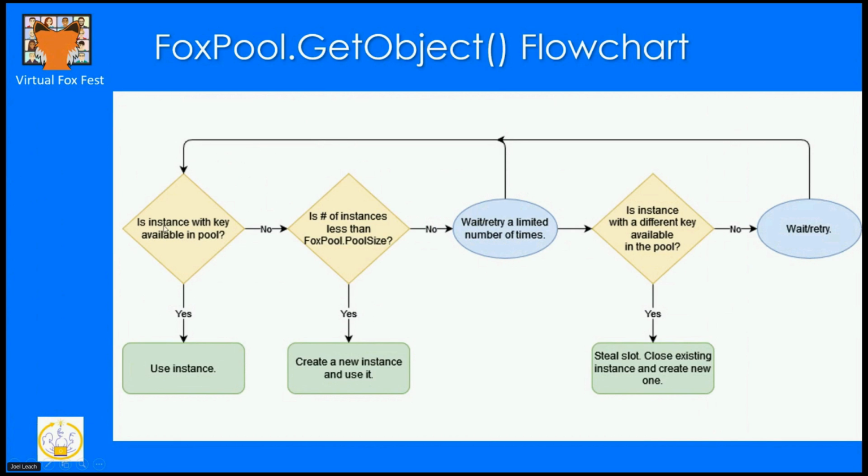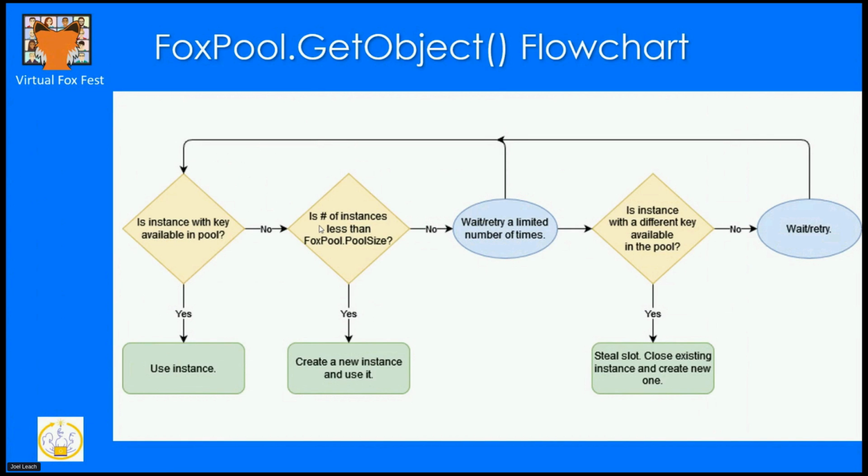So let's say we're passing in the Northwind key. I'm looking for any instances in there that have already been started up using the Northwind key. If the answer is yes, grab that instance and use it to service this request. If the answer is no, then we ask, is the number of current instances less than the pool size?